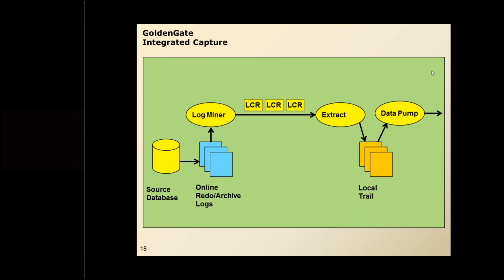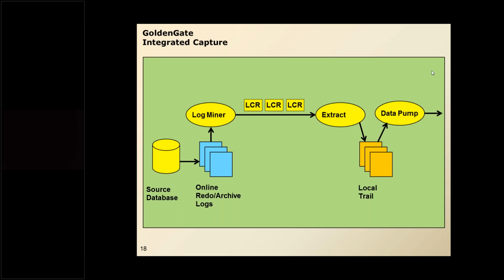Maybe it's a basic question, I don't know. So the online redo logs and LogMiner: will LogMiner have only the committed transactions? No, LogMiner will have committed as well as uncommitted transactions.